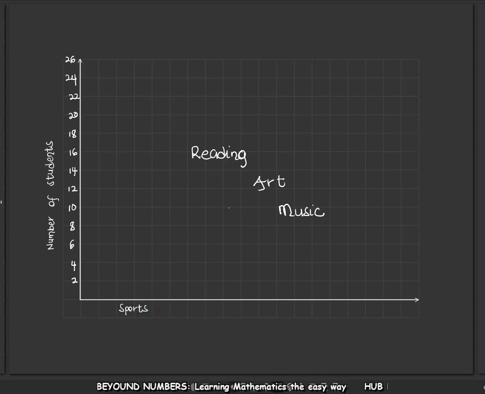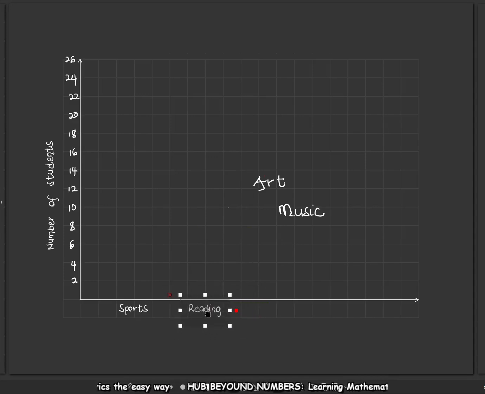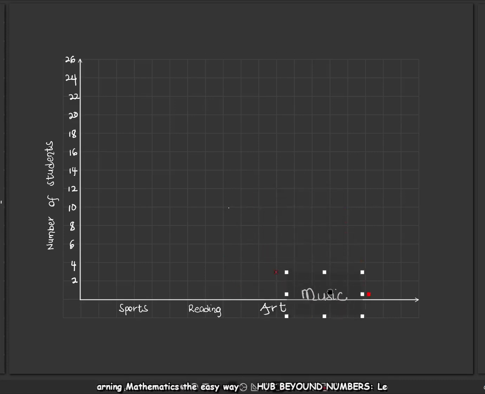Then I'll leave the next 2 squares, and bring my reading to the next 2 squares. Then art is also going to take the next 2 squares. Then music is also going to take the next. Evenly distributed. You don't make one bigger than the other. Just make sure they are all the same.